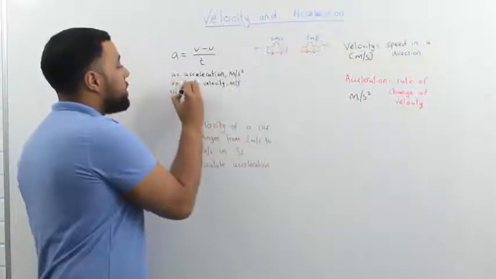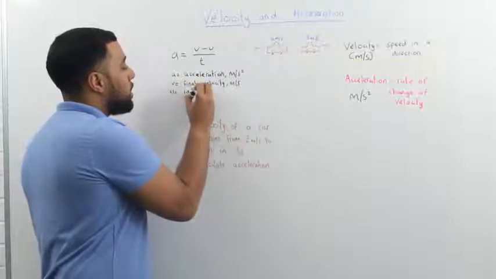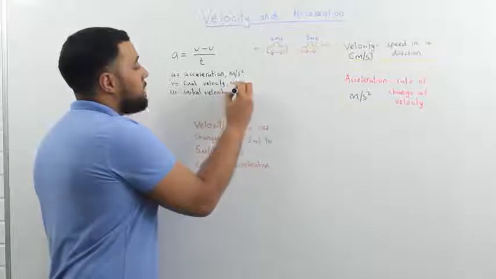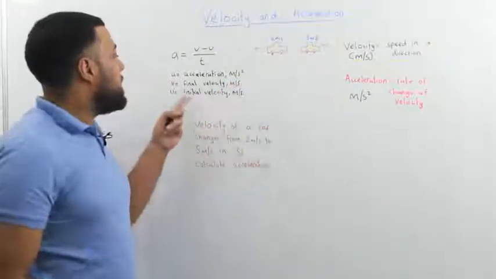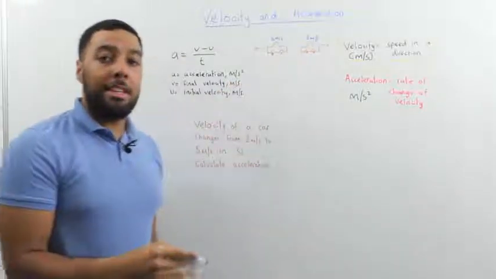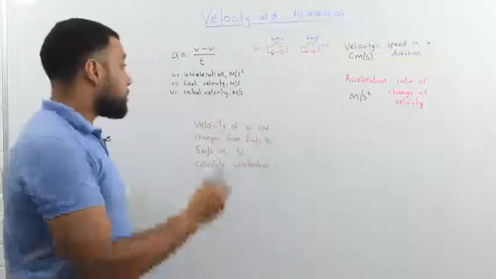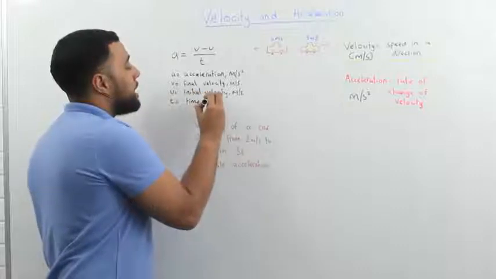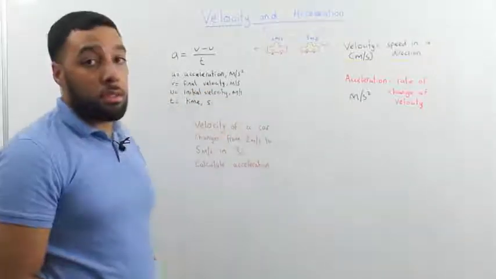U stands for the initial velocity, and that's in meters per second. An initial velocity just means what velocity did it start off with. And then T represents time, and that's measured in seconds.